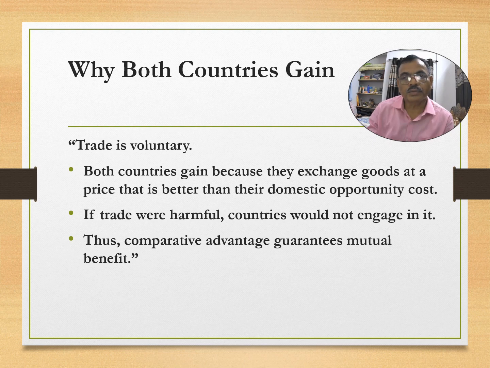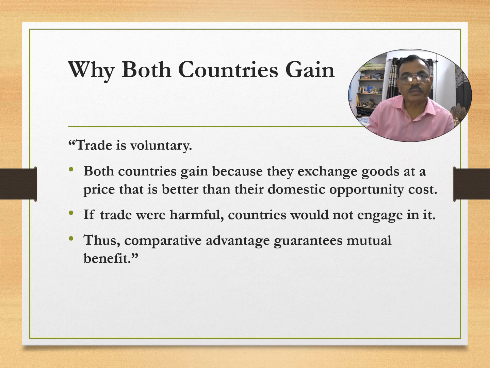Countries choose to trade because they expect to benefit from it. Second, both countries gain because they exchange goods at an international price that is better than their own domestic opportunity cost. In other words, each country obtains imported goods at a lower cost than if it had produced those goods domestically.